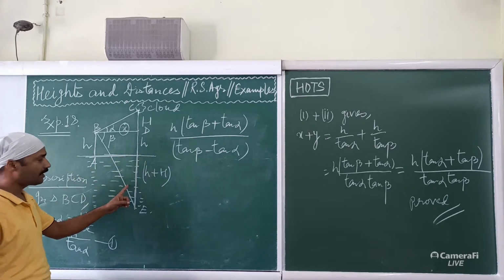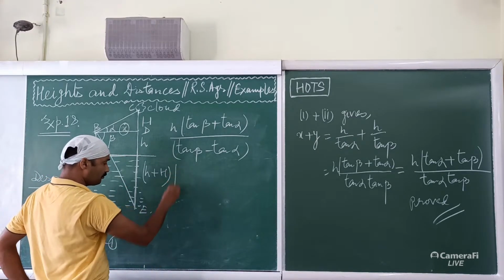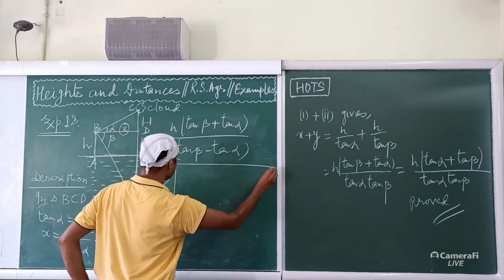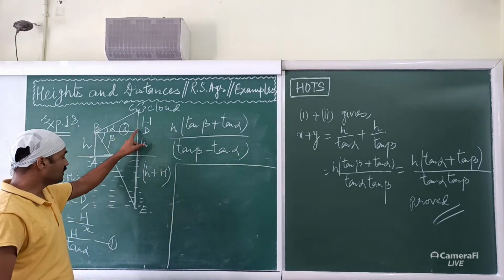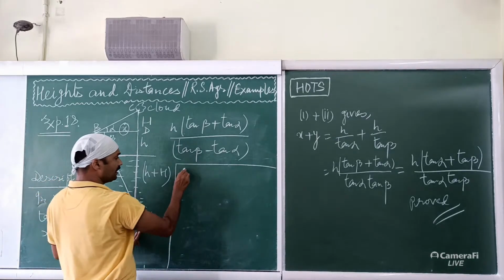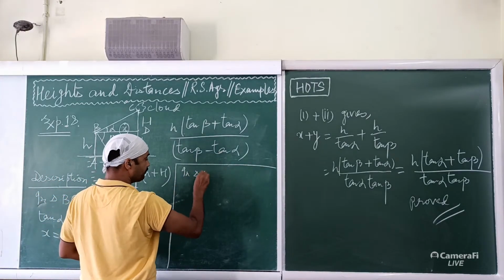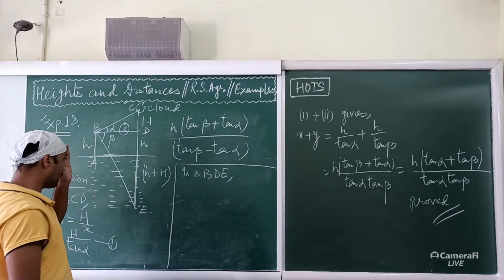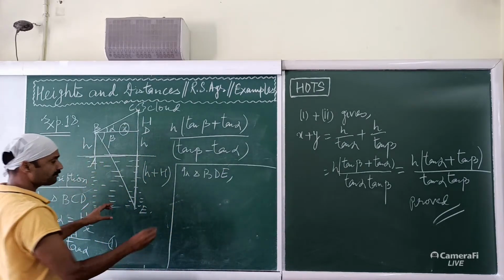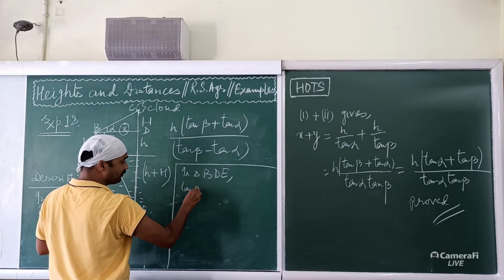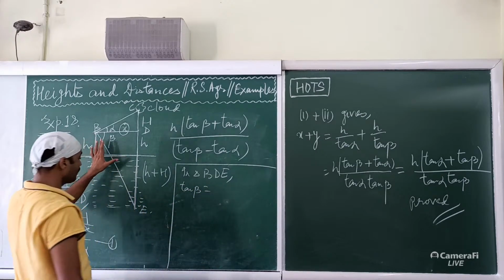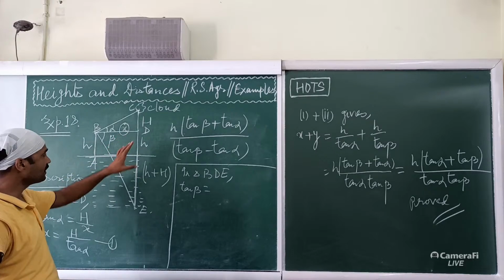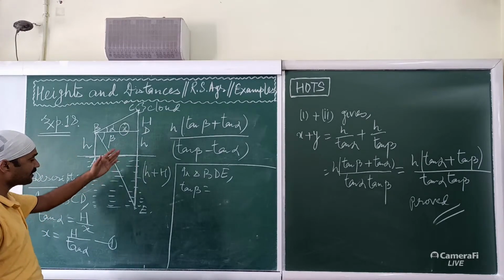Now in triangle BDE, we have tan beta equals perpendicular by base.